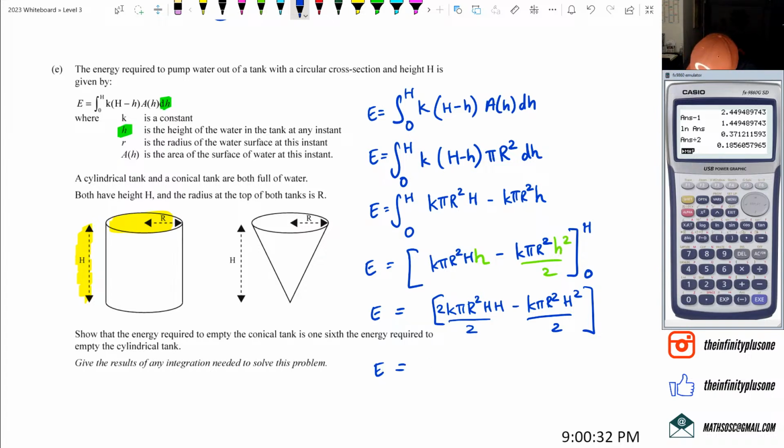I'm going to end up with just K pi R squared H squared over 2. So let me just do that 2 and 2 again. That's H squared, H and H is H squared. Let me know if that's okay for the cylindrical tank.